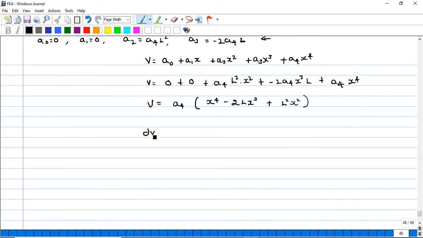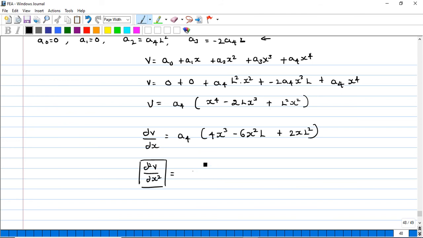So ∂v/∂x, the first differentiation, a4 as constant, this will be giving 4x cube minus 3 into 6 x square l plus 2x l square. And again I will be differentiating the same, that is ∂²v/∂x². So this term we need to substitute.